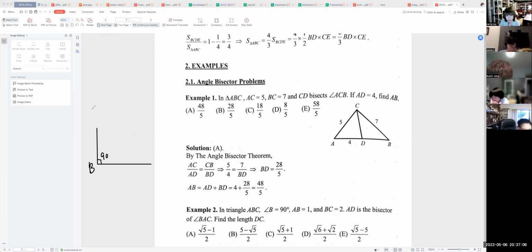Okay, so B, and AB equals 1, and BC equals 2. Okay, so can you tell me what is AC, everybody? AC equals what? Immediately, square root 5, right?